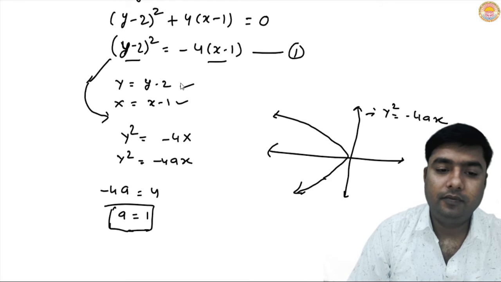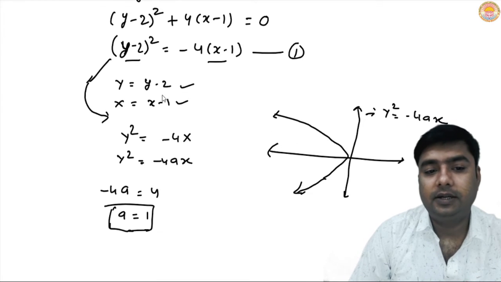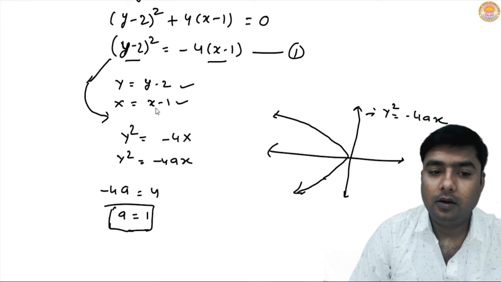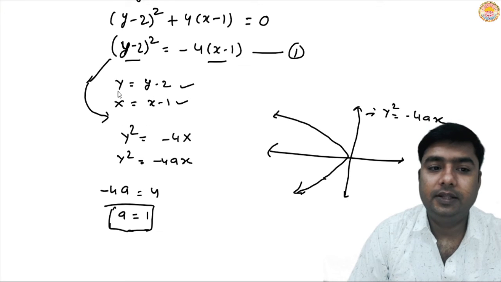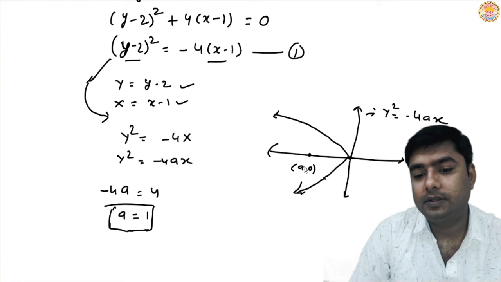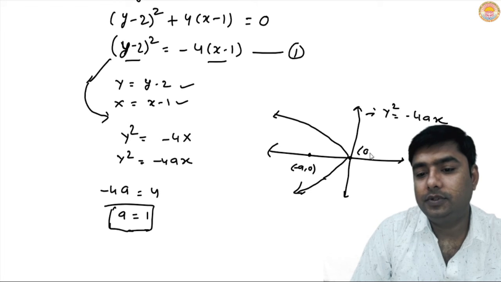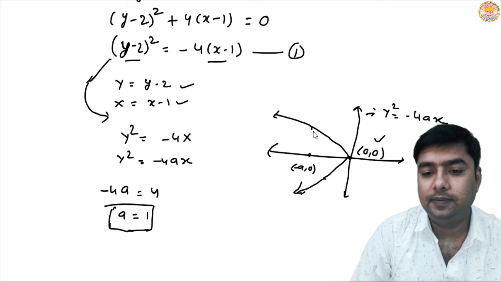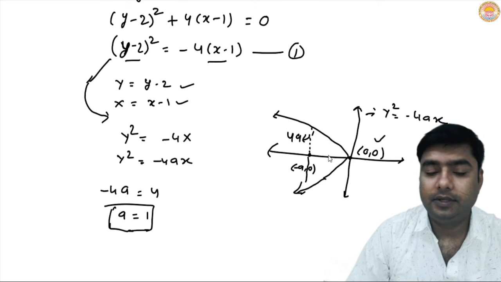But we want the focus and length of latus rectum in the form of small x and y. That's why this is called the new focus. This is the new focus, that means minus a comma 0, and the vertex is 0 comma 0. This is the vertex, and the length of latus rectum is the same, that is 4a.